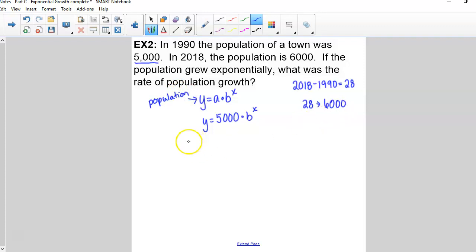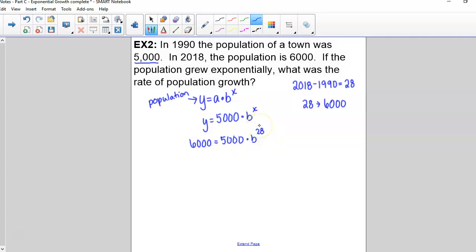So we're going to put 6,000 over here for our y, equals 5,000 times b to the 28th power. Alright, so we have got to find that b. So we're going to solve this equation.